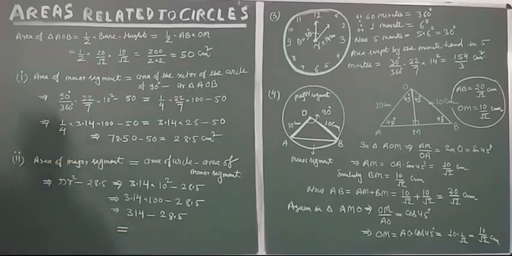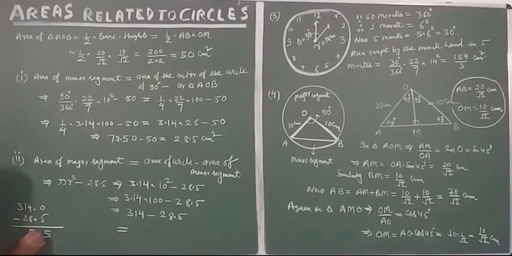Just take it out. 314 minus 28.5. Subtract it. Here is nothing, put a 0 here. 10 minus 5 is 5. This will become 3. 13 minus 8 is again 5. And this will become 0.